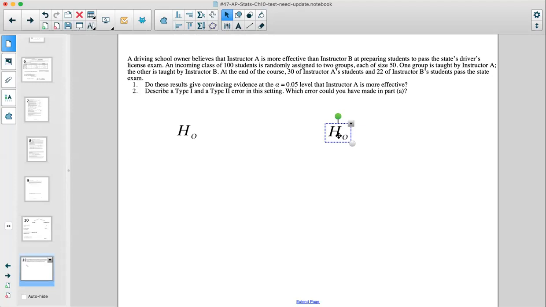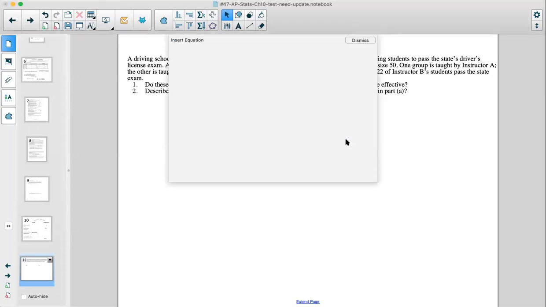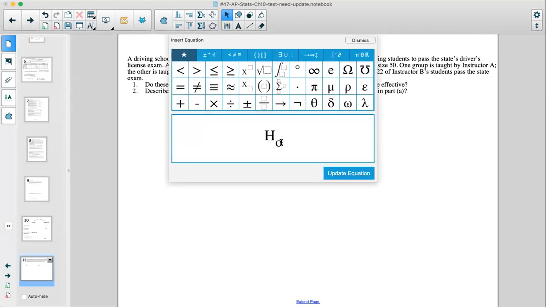Okay. If it's one sample, you can have different values.